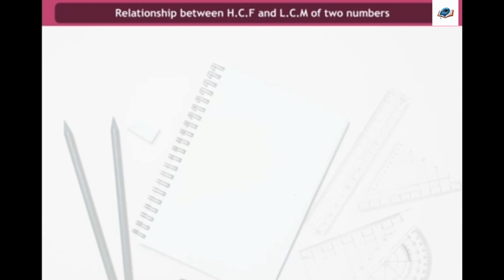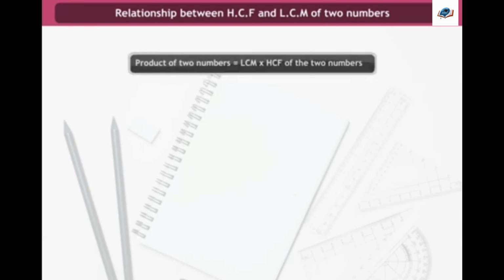Relationship between HCF and LCM of two numbers. The product of LCM and HCF of two natural numbers is equal to the product of the numbers. For example, consider two numbers, 18 and 24. Using a factor tree, we find the HCF of the two numbers. We can break 18 into 2 and 9. Further, 9 can be written as 3 into 3.